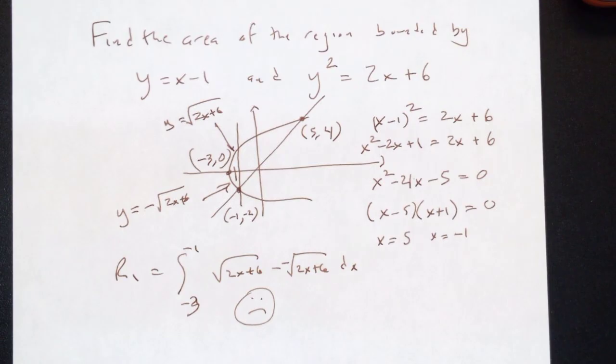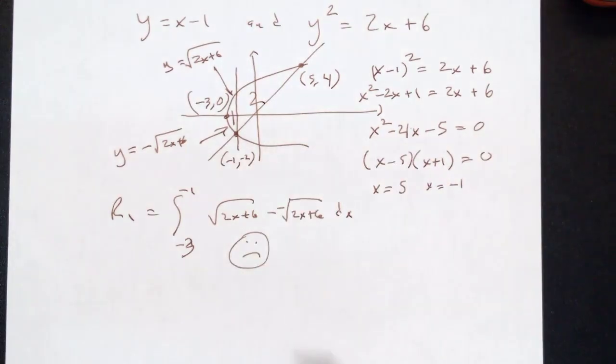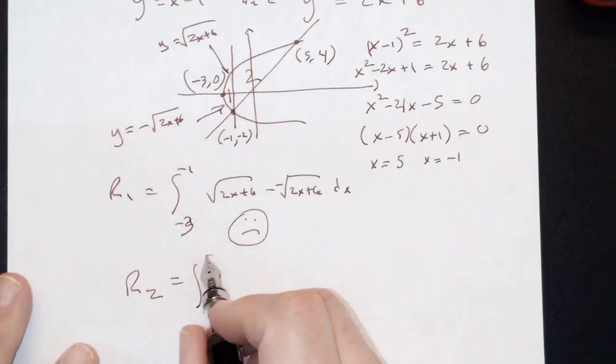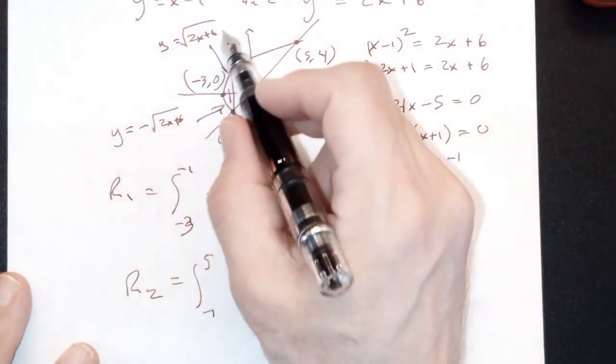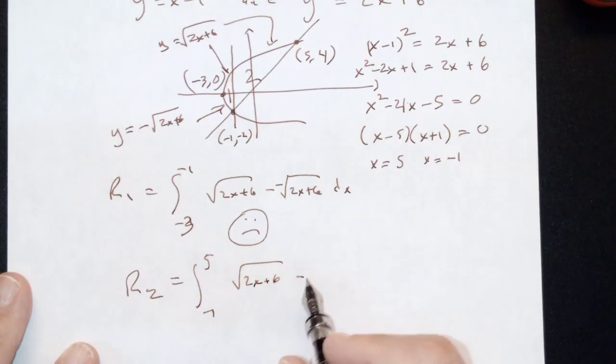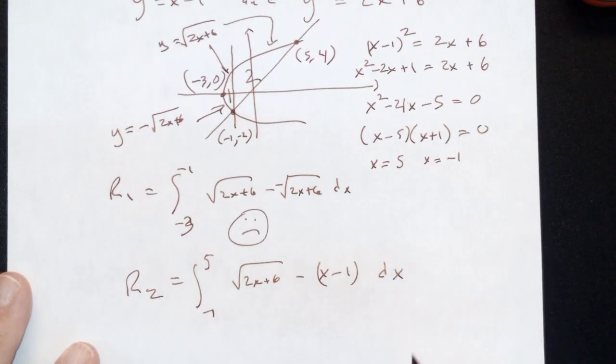And then to do the second region, I need to do the integral from -1 to 5 of the top curve, which is still this square root, minus the bottom one, which is this equation.